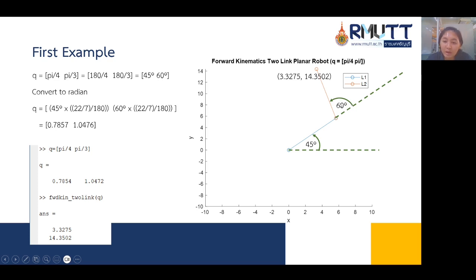Because this is a positive value of joint angle, the movement turns counterclockwise. If the value of the joint angle is negative, then the robot will move clockwise. And then this is the result. This is the value of coordinate x, y, or the coordinate of the end effector: 3.3275 and 14.3502.